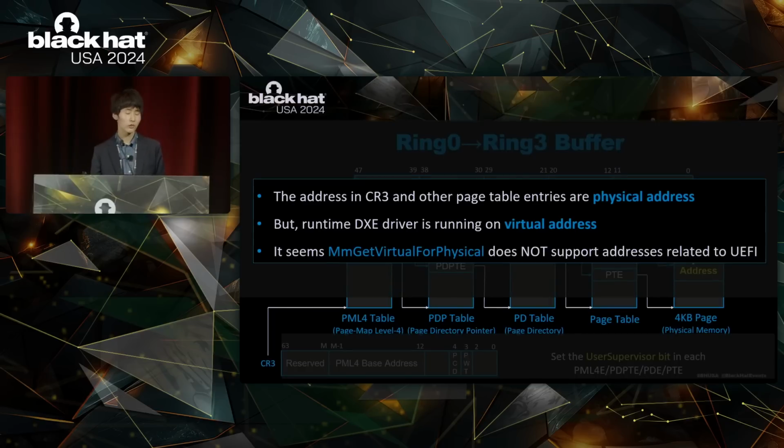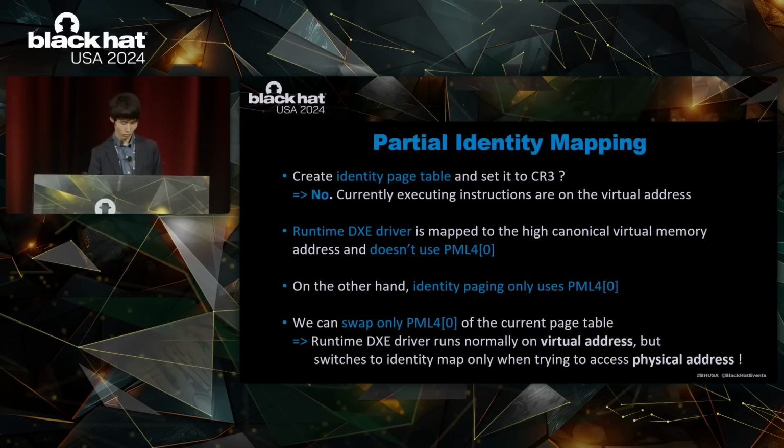Also, there is a kernel export to convert a physical address to a virtual address, but it doesn't seem to work with UEFI-related addresses because the kernel I/O manager doesn't manage this area. Therefore, to modify the page table, we need some way to read and write physical addresses. A common method to do this is to use an identity page table, where a physical address is mapped to the exact same virtual address.